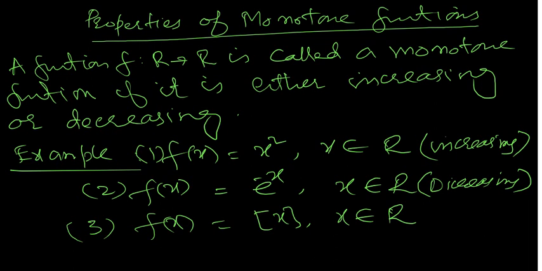Okay, let's prove the first property of monotone functions. We will show that if the function is monotone, then f is continuous at every point except at countably many points. That means it's also continuous almost everywhere then, because it's continuous on the whole set except possibly at countably many points.